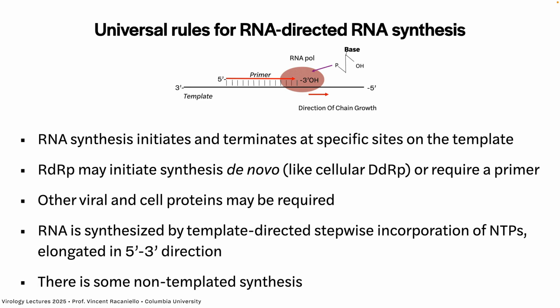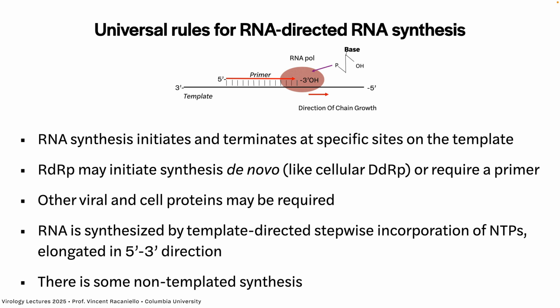Okay, more rules for RNA-directed RNA synthesis. So RNA synthesis begins and ends at very specific places on the template. So here's a template shown here in gray, and here is a primer. Sometimes RNA synthesis requires a primer, sometimes it does not. When it doesn't need a primer, we say it initiates synthesis de novo.